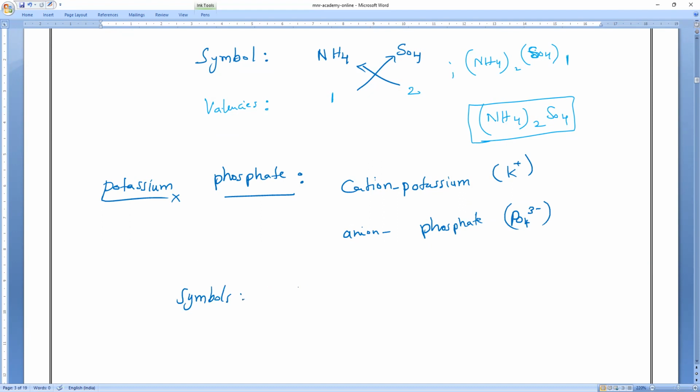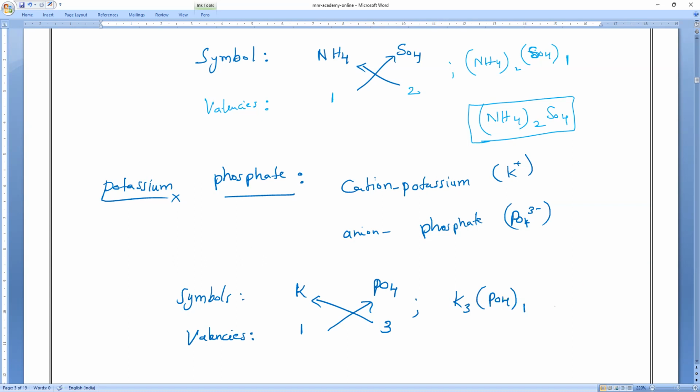Next, symbols. Write the symbols: K and PO4. Valencies first. What is the valency of potassium? 1. And phosphate 3. So if you crisscross it, we get the chemical formula.